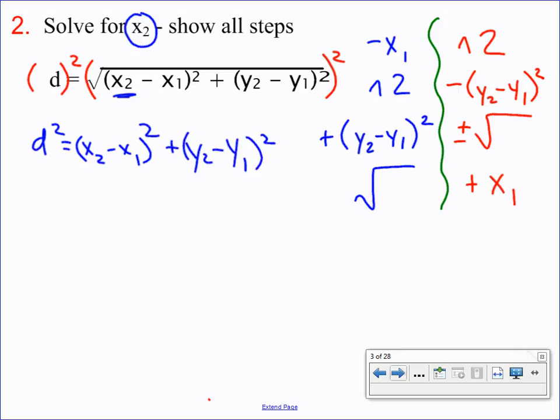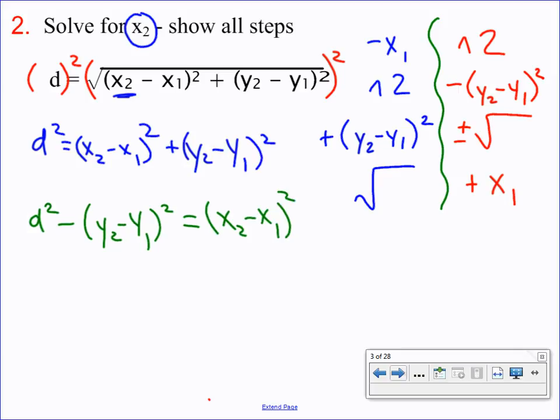Next step, I'm going to subtract y sub 2 minus y sub 1 quantity squared from both sides. So next step, subtract that. I get d squared minus y sub 2 minus y sub 1 quantity squared equals, and on the right hand side I've got x sub 2 minus x sub 1 quantity squared.